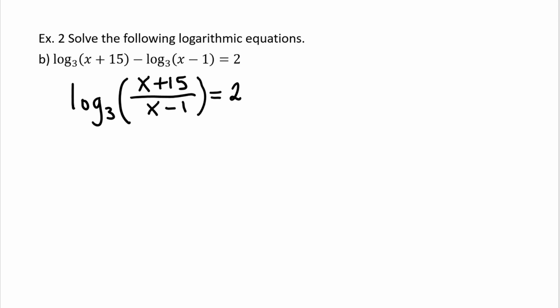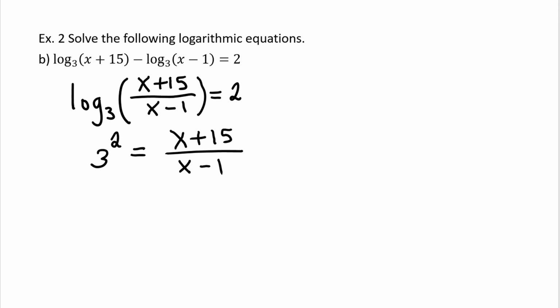We still have the unknown within the argument of the log, so we will rewrite this as an exponent. That is, we'll write the base, which is 3, squared, equals the rational expression, x plus 15, divided by x minus 1. Now, this is in a form that we can solve.